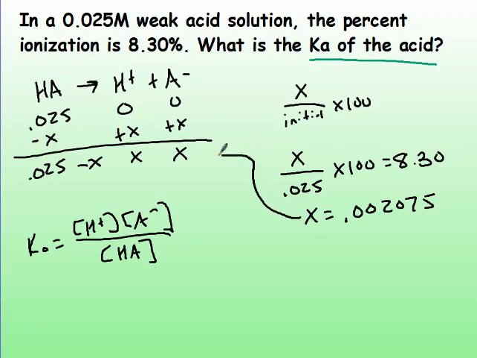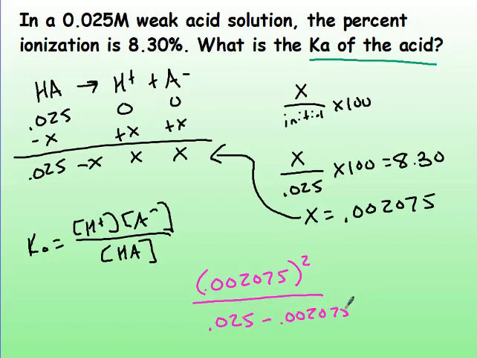So I can plug that X into my equilibrium line of my ice chart, and I get X squared over 0.025 minus 0.002075. Although that may not matter much on the bottom, always subtract it out if you know what X is. I have a calculator, so I can easily plug that in, and I get 1.88 times 10 to the negative 4th.